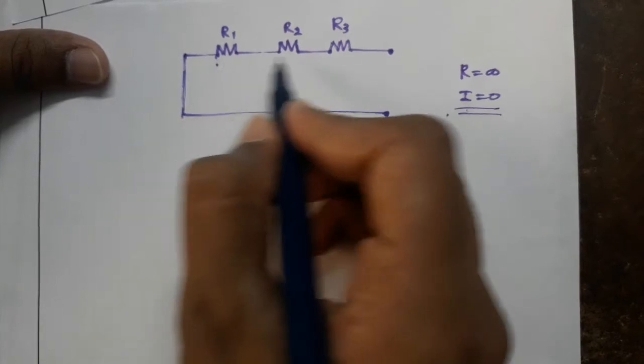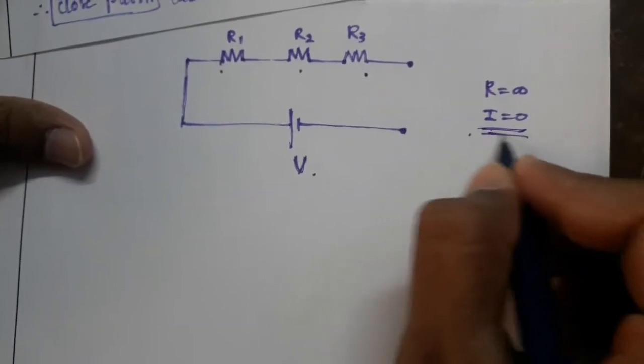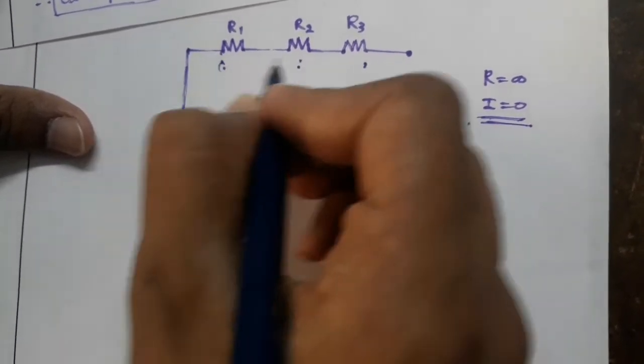We are having 3 resistances over here. As the current is 0, the voltage drop across each resistor will be equivalent to 0.